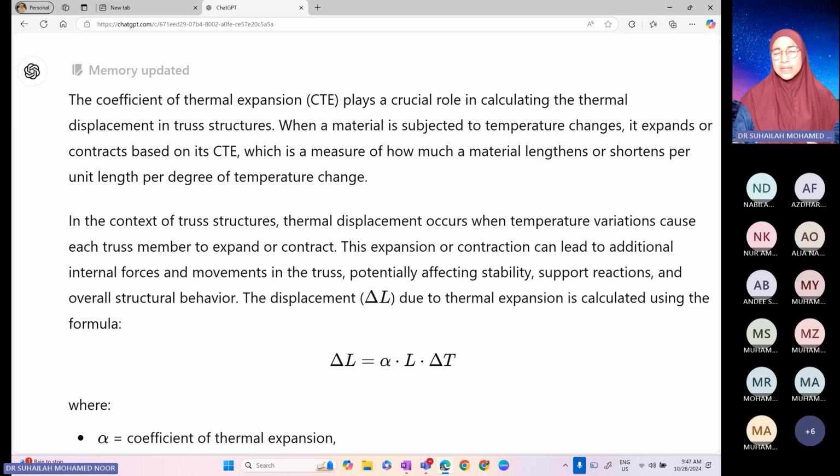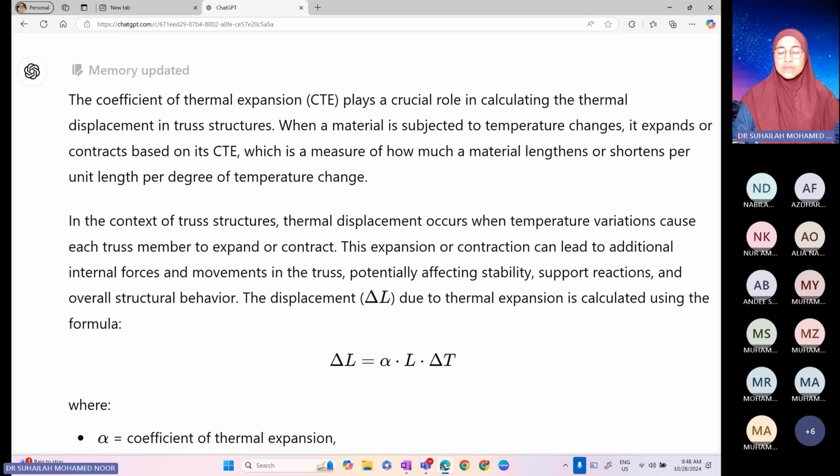Dan in reality, especially mungkin maybe not in Malaysia, tapi kalau tempat yang macam too cold, too hot kan, memang kena consider lah temperature changes and temperature basically in degree Celsius. So bila masuk dalam formula displacement, which we know that displacement in unit meter, so kita kena include the coefficient of thermal expansion untuk kita cancelkan unit degree Celsius tu.